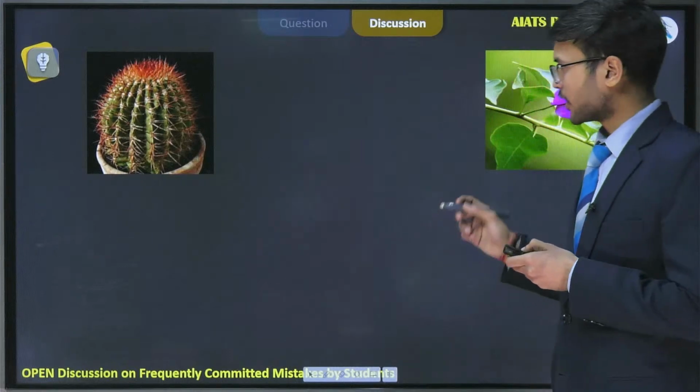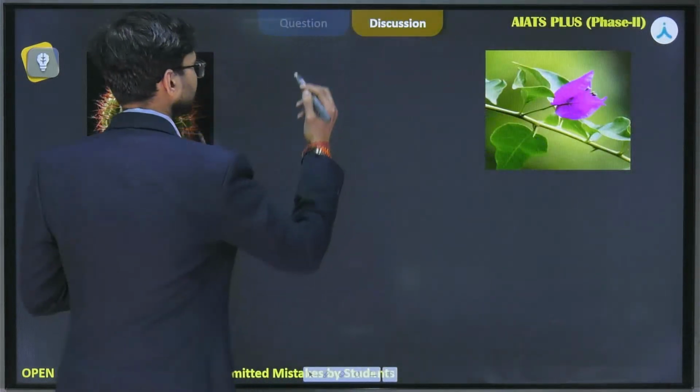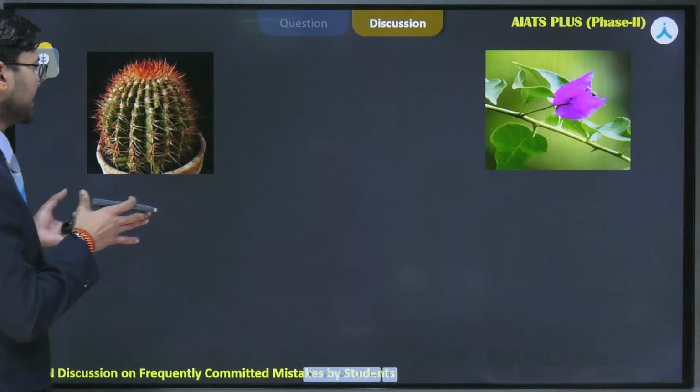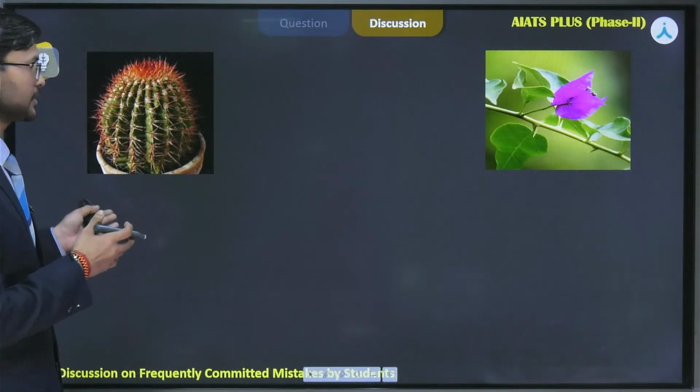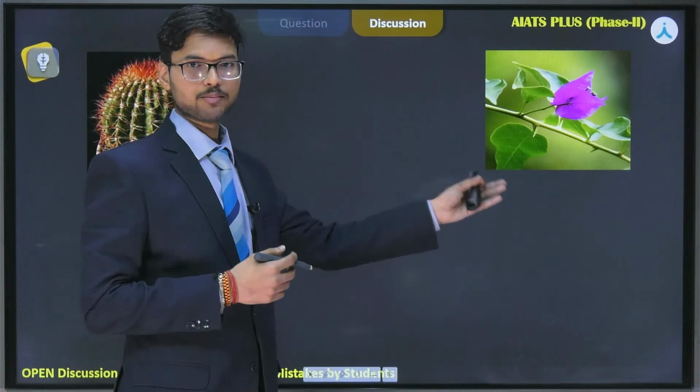So for this topic, I am going to discuss the modifications that you see on the screen. On the left hand side you are seeing the cactus, while on the right hand side you are seeing the bougainvillea.